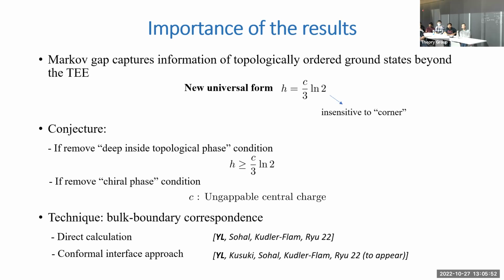Okay. We have talked about the second case in this conjecture, and the other point is that, suppose we remove this condition inside the topological space, and in that case this quantity will actually be the lower bound for the amount of gap.